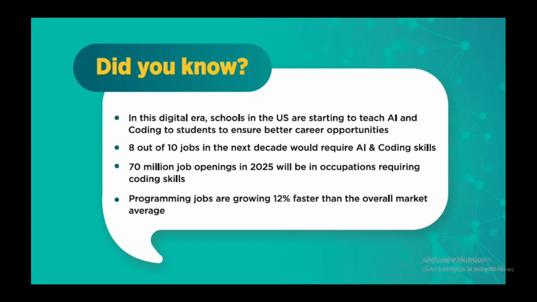That means in the future you won't have to look for jobs as long as you learn this skill very well. 70 million job openings in 2025. That's a prediction. And guess what? If you're able to acquire these coding skills, you will have a place there.